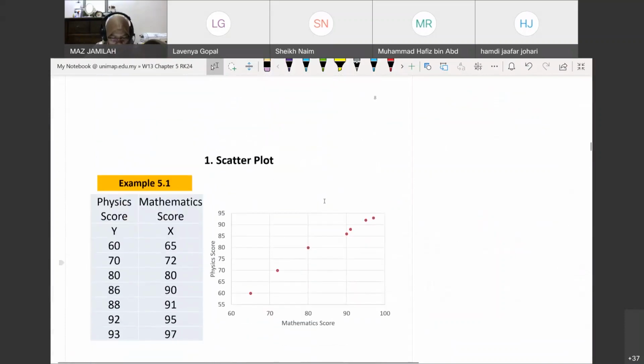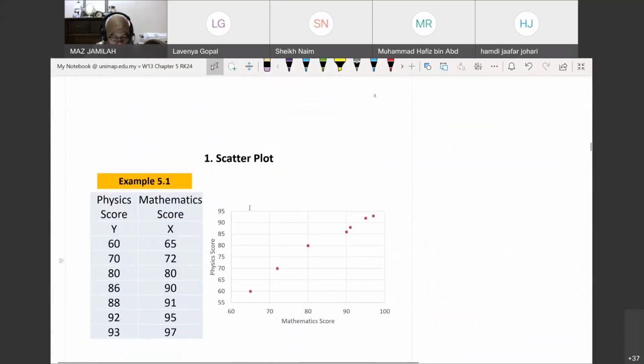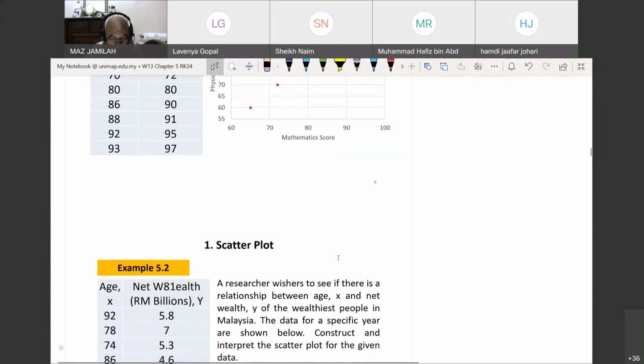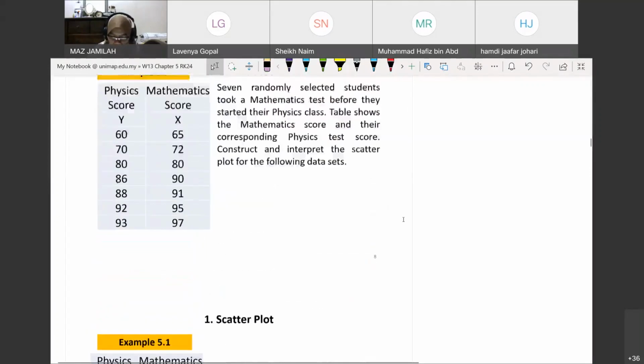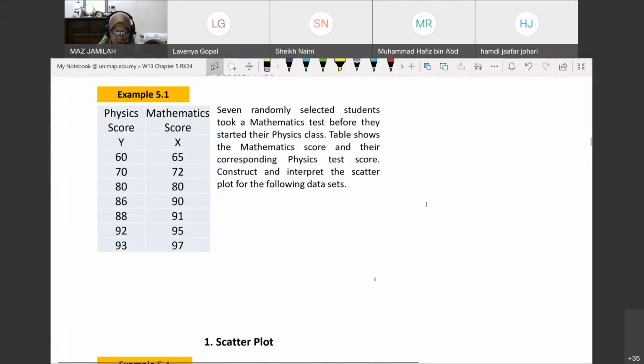Okay, if you can see, you have your plot somewhat like this one, I have copied for you. This is your plot for your mathematics score and physics score. When you are asked about the interpretation, the construction is done, now you need to interpret the scatter plot.